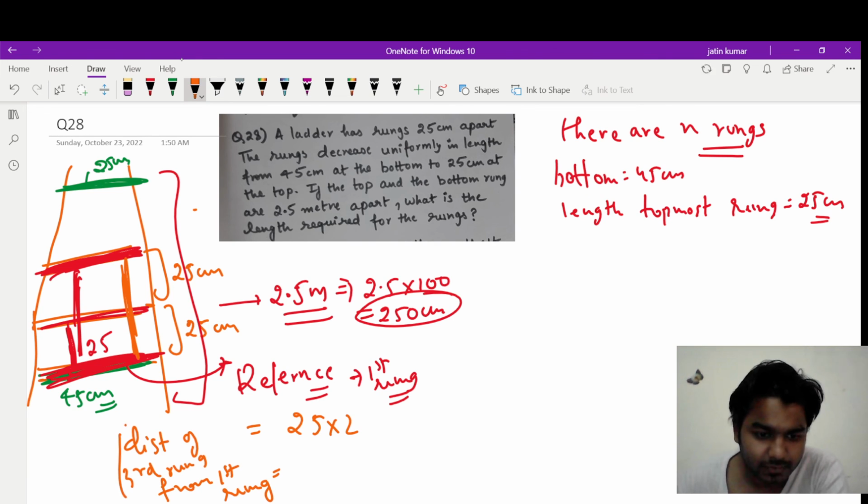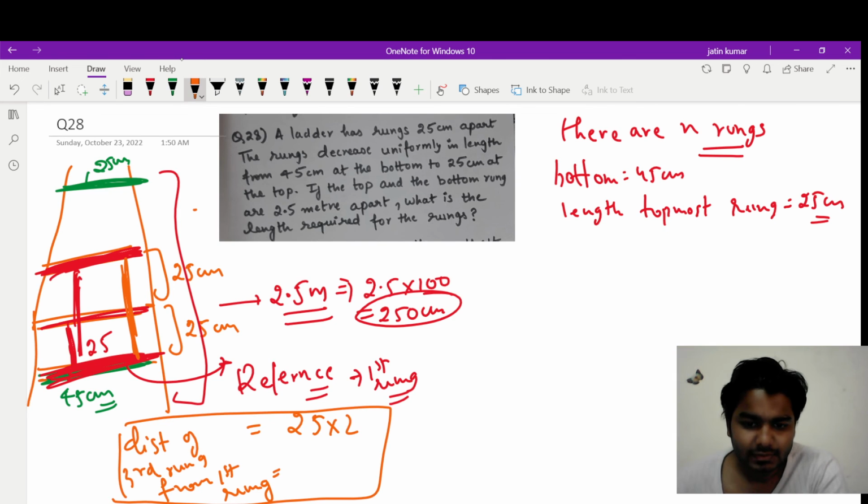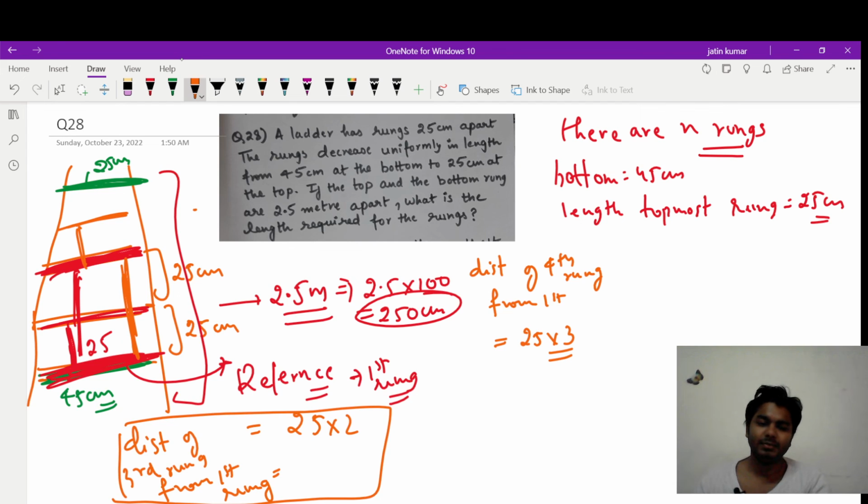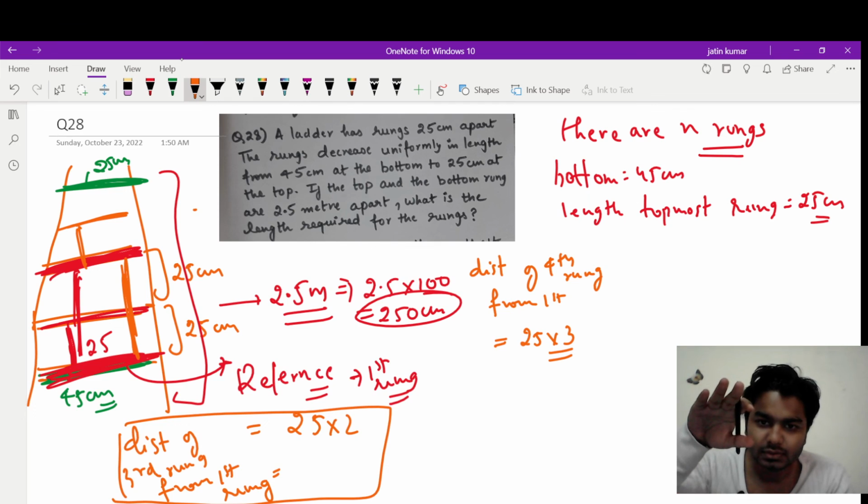Again, the distance of the fourth rung from the first will be 25 into 3, right? So the distance of the second rung from the first rung will be 25. The distance of the third rung from the first rung will be 50, 25 into 2. The distance of the fourth rung from the first rung will be 25 into 3.